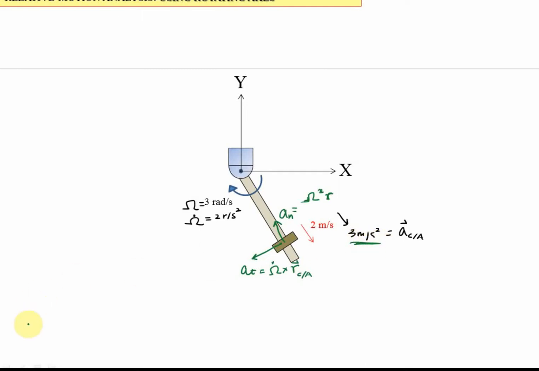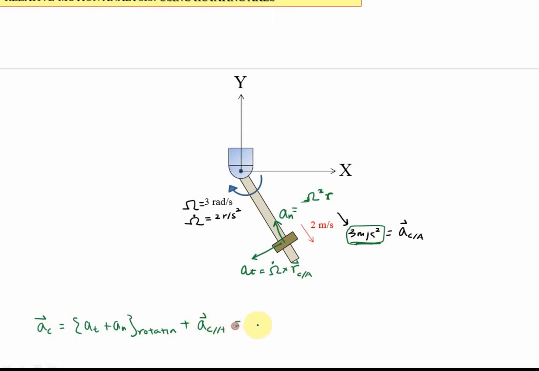So you have to write down AC, which should be the tangential term and normal term due to rotation, right? And plus we have to add this acceleration as well, which is AC with respect to A.